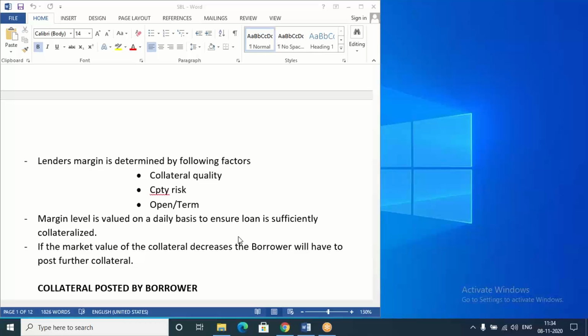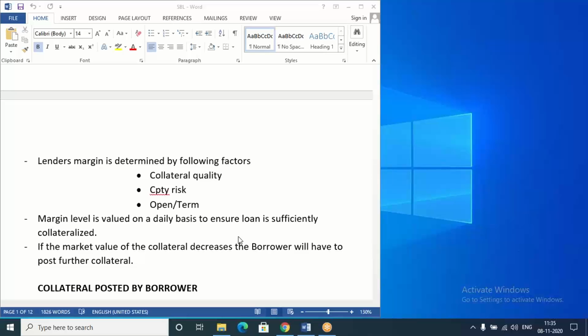So if the collateral value goes down, then the lender is at risk, so the borrower gives the additional collateral. If the collateral goes higher in the market, then the lender is not at risk, in the sense that even if the borrower defaults, he's going to get more out of the collateral when he sells it in the market.